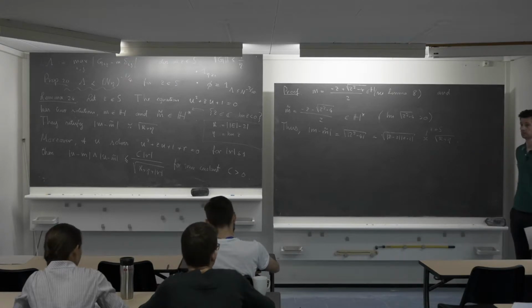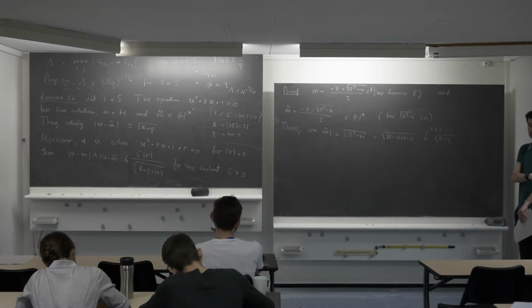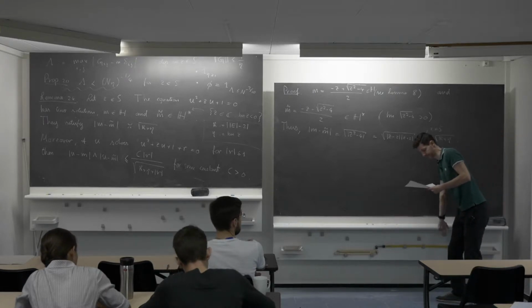And that's precisely kappa plus eta. Kappa plus eta is in fact the L1 distance to the nearest edge point, plus minus 2.